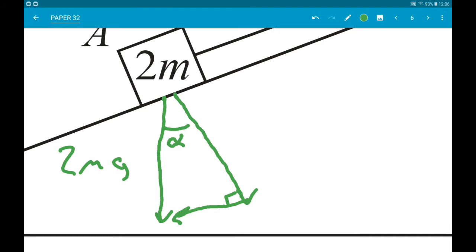So the perpendicular force is going to be cos alpha times the hypotenuse. So that's 2mg cos alpha. Now remember, we know cos alpha is 12 thirteenths, so we have 2mg times 12 thirteenths, that's 24 mg over 13.